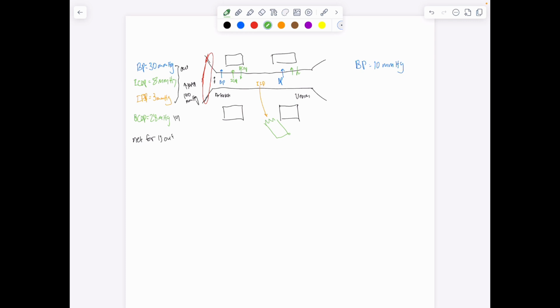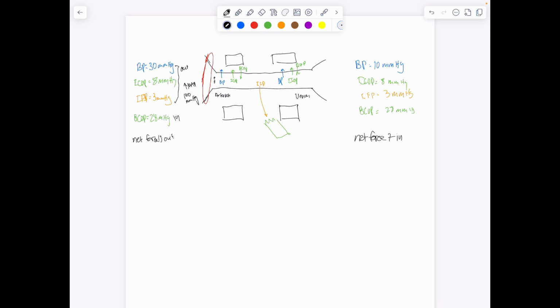And then we'll still have our ICOP and BCOP, and our IFP over there. So that's going to be 8, 28, and then our IFP is also going to be 3. And so now we have a net force of 7 in.